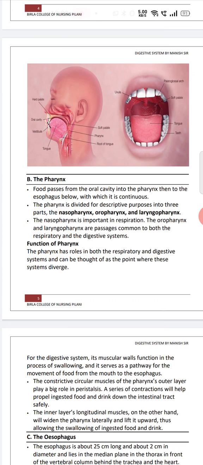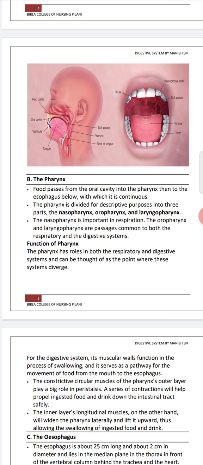The circular muscles of the pharynx, its outer layer, play a big role in peristalsis. Peristalsis means a movement by which food passes through the GI tract.